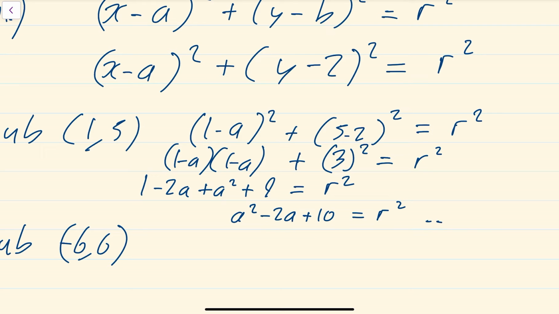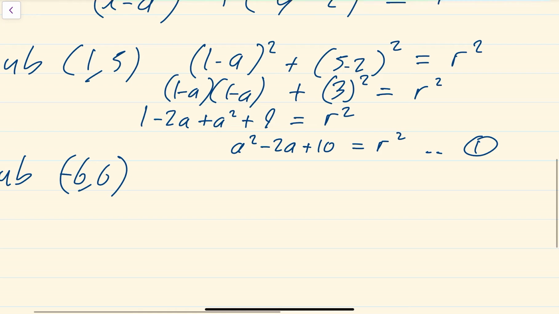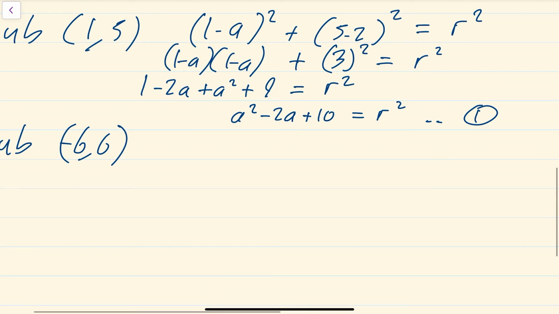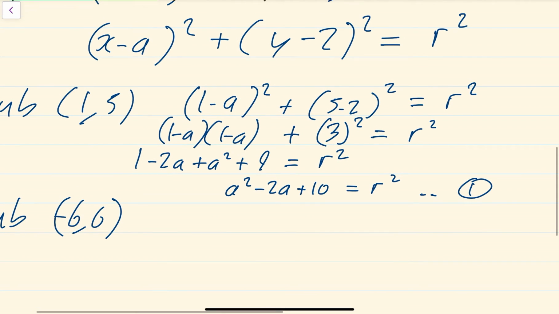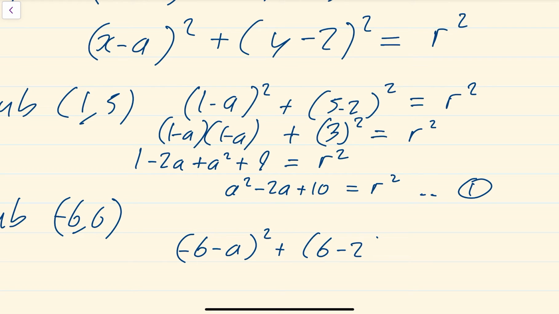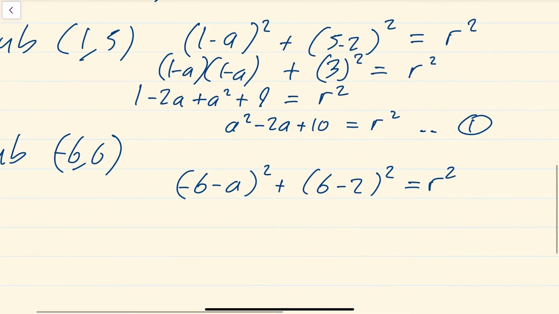I'm going to leave it at that. I'm not too sure if this is going to be the best way of doing it. We will see. But you're going to have a squared minus 2a plus 10 equals r squared. Now we're going to sub the minus 6 in. So instead of writing x, write minus 6. So minus 6 minus a squared plus my y, which was 6 minus 2 squared, is equal to r squared. Tidy up again.